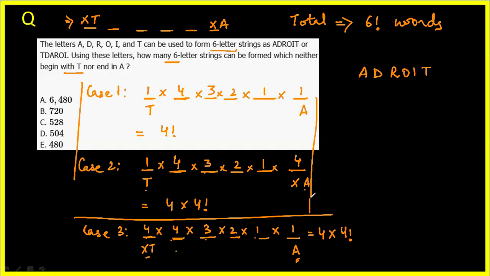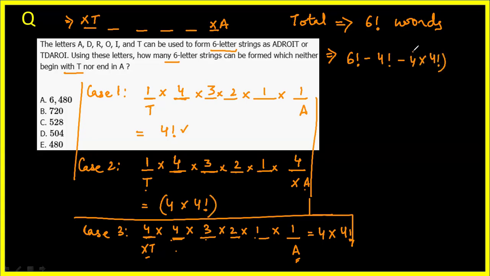Let's solve and subtract from the total, to find out how many words do not start with T and do not end with A. The required number of words is 6 factorial, minus case number 1, that is 4 factorial, minus the second case, that is 4 times 4 factorial, minus the last case, that is 4 times 4 factorial.